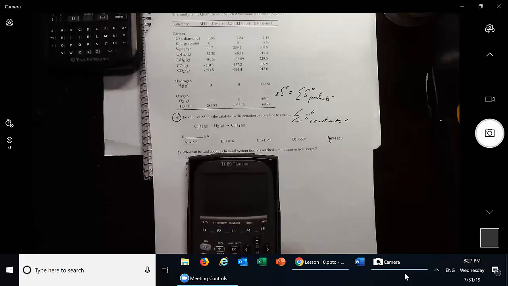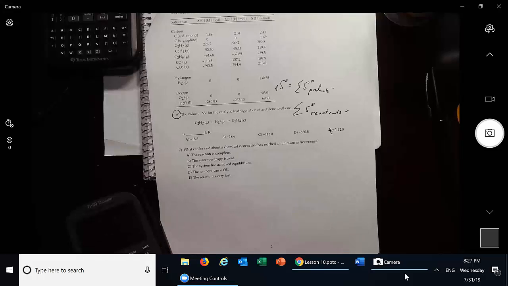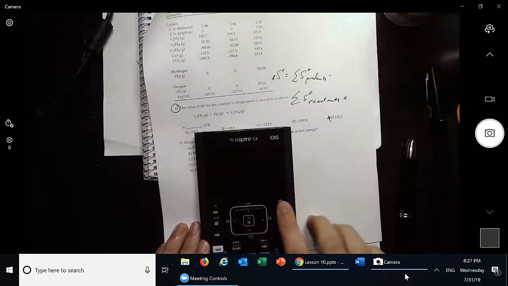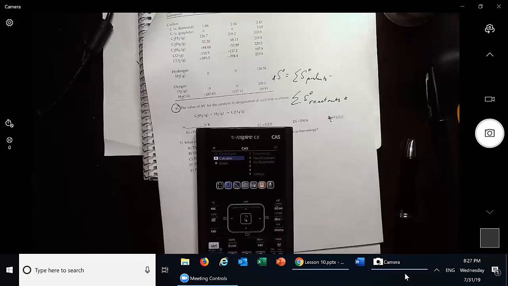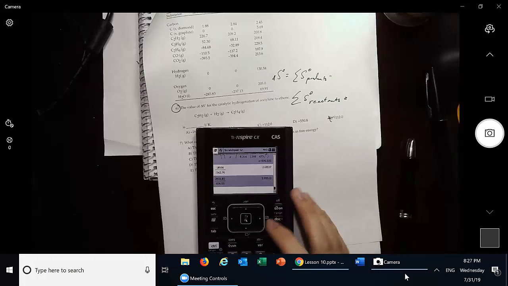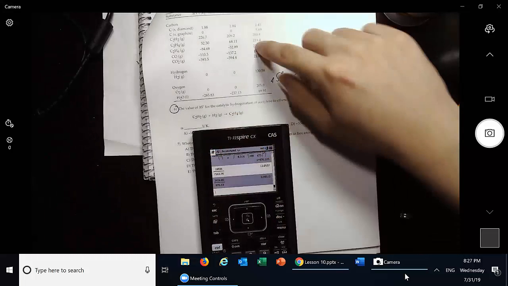This calculator doesn't have a super good screen, so let me use a different one. Right. So we go to calculate. We need to take the entropy of the products, so C2H4.